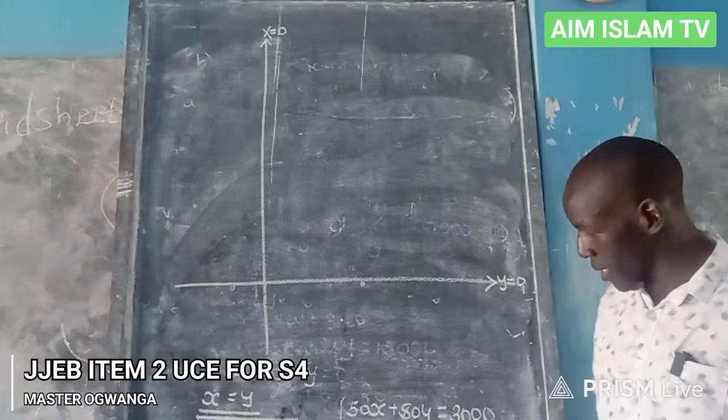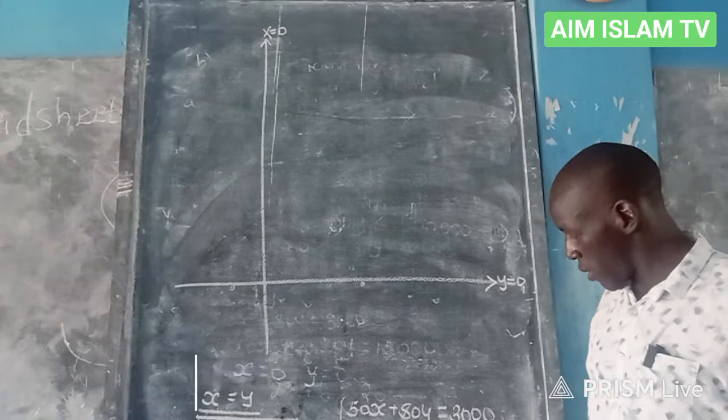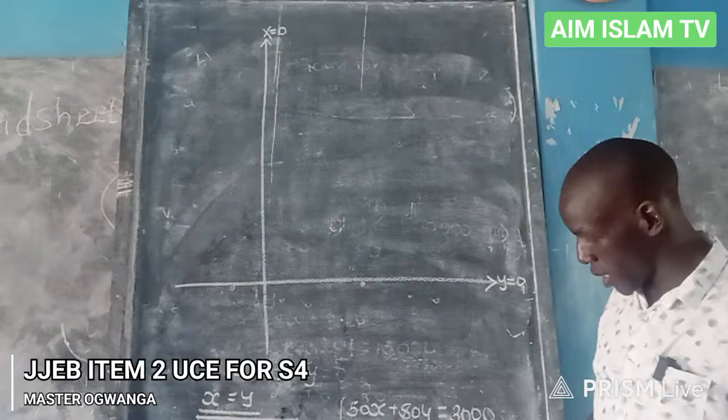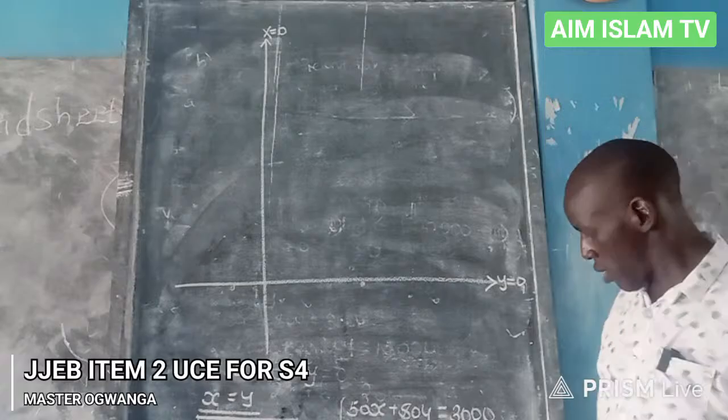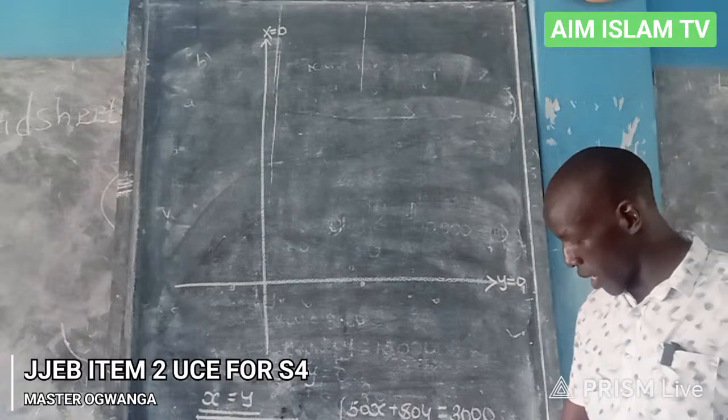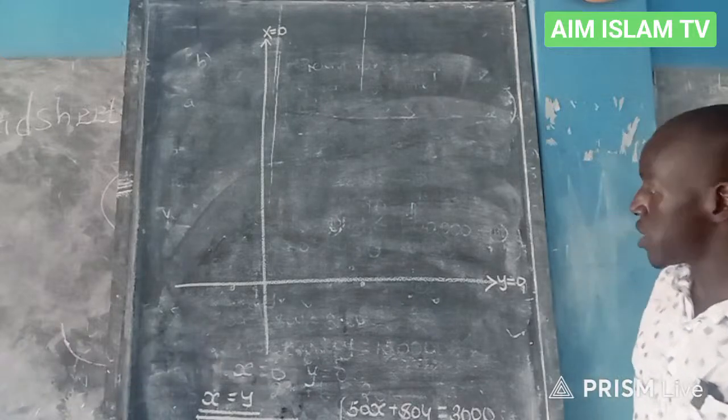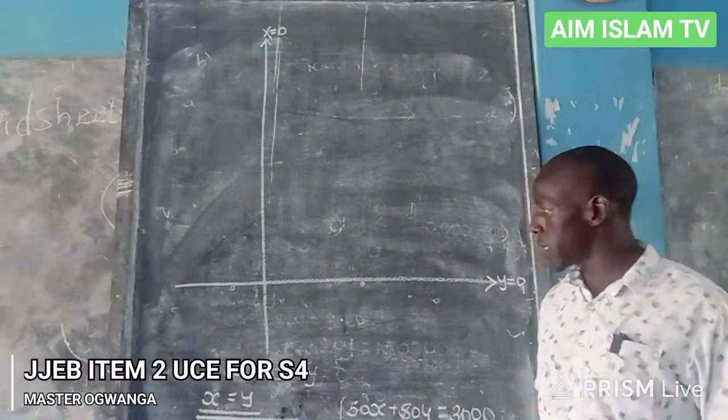Each axis. On the x-axis, if I try to look at the bigger value, realize the bigger value on the x-axis is given as 60. Then on the y-axis, you can see that we are having 75.